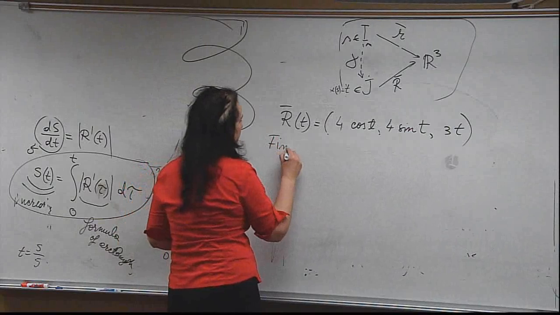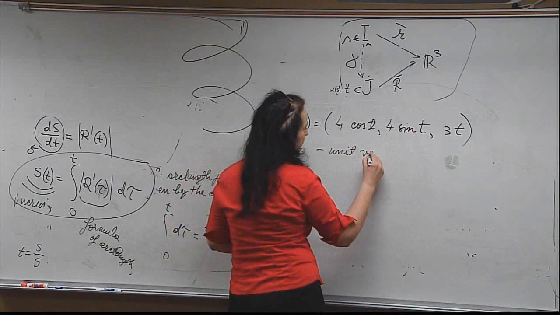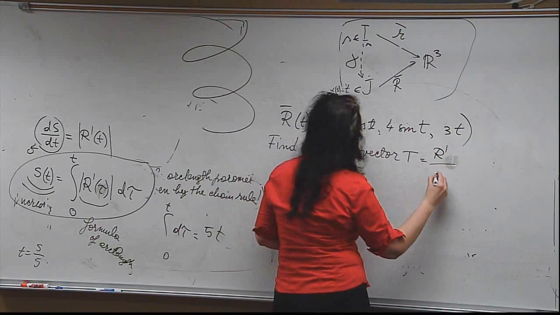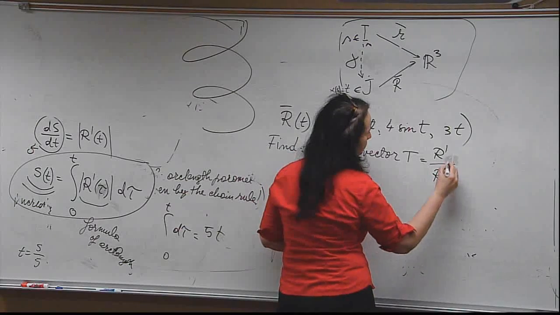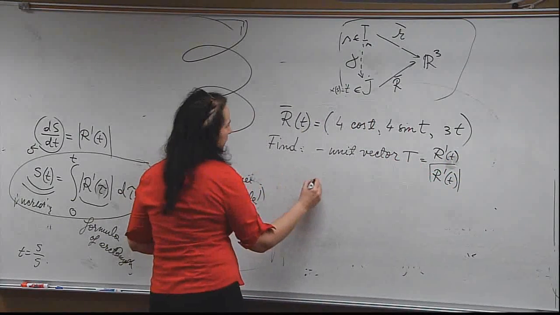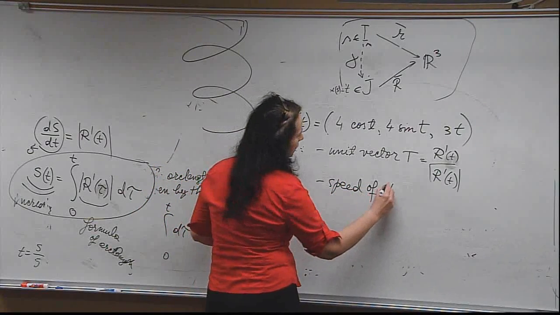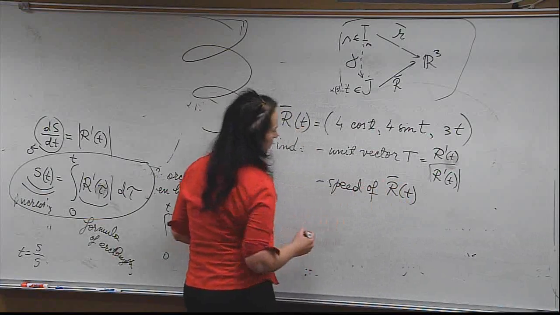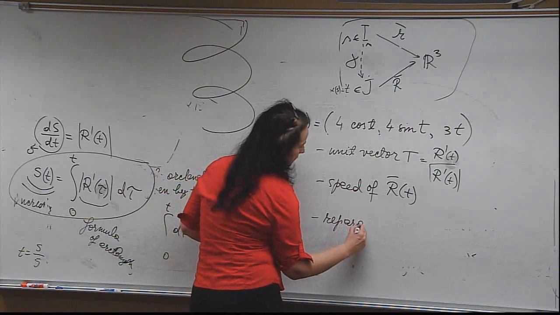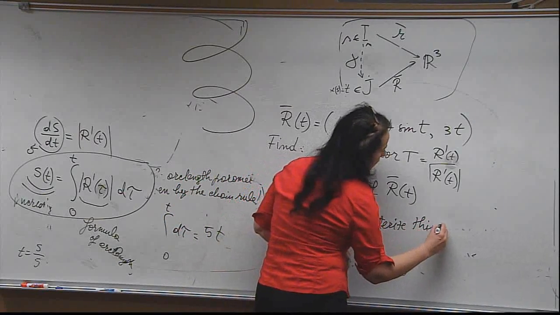Find the following things. The unit vector T, by definition r prime over the absolute value of r prime of t. Find the speed of this motion r of t. This is a law of motion. And reparameterize this curve in arc length.